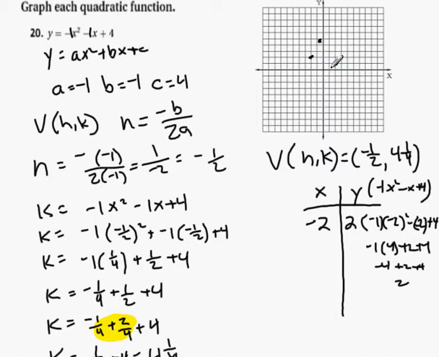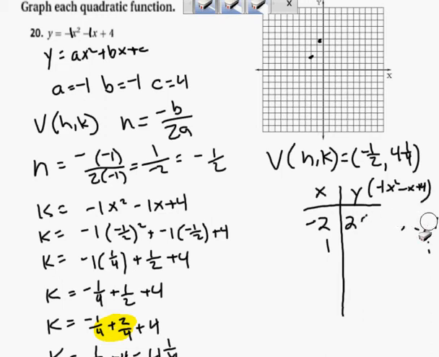All right. So let's let x be 1. Now let's go ahead and perform those same operations for when x is 1. So here I go. I have negative 1 squared minus 1 plus 4.